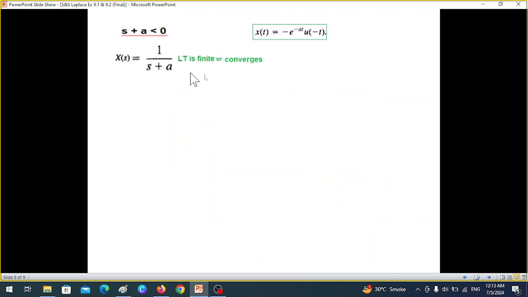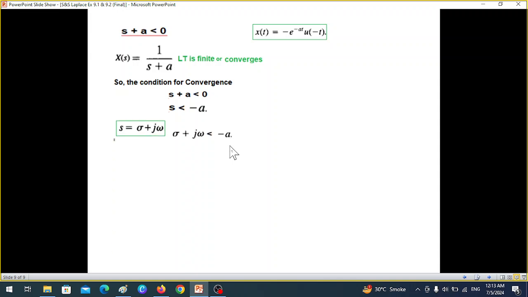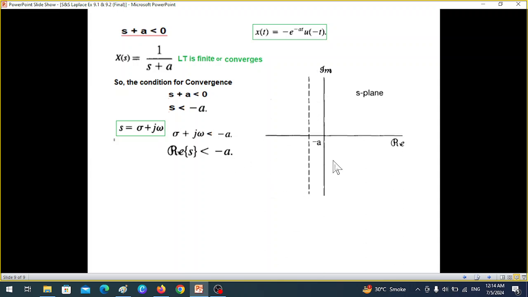So we were up to this point. The condition for convergence is that s plus a is negative, or less than 0. From here we can say that s is less than -a, or we can put sigma plus j omega, so the real part of s is less than -a. Then we will plot.